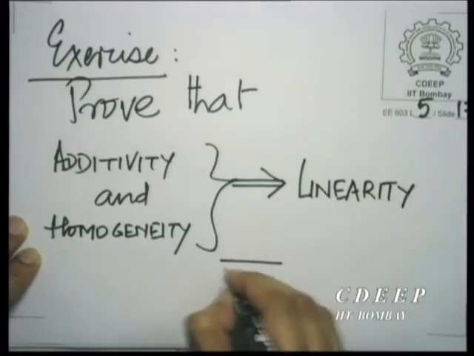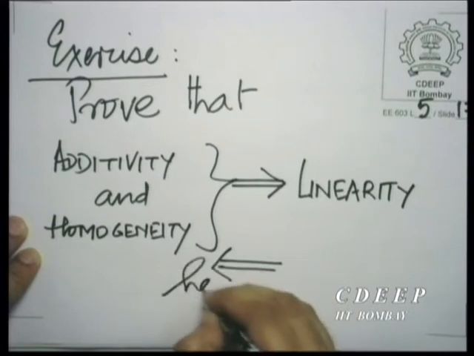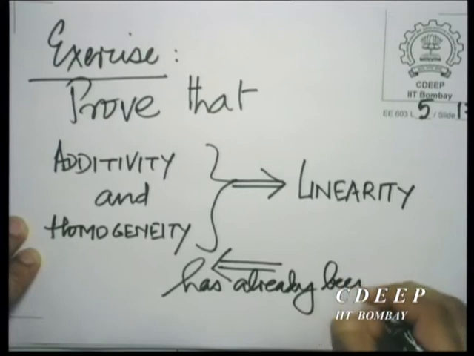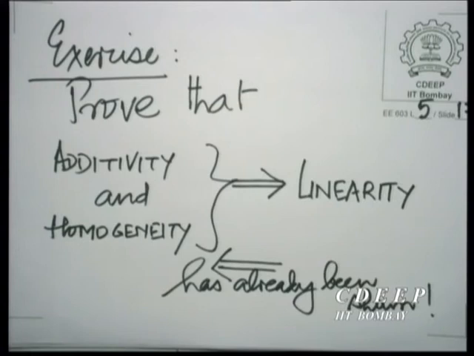In fact, it is both ways. This way has already been shown, because the very definition of additivity and homogeneity includes specific cases of linearity. So, if a system is linear, of course, you know that it obeys additivity and homogeneity because of the very definition. But the other way is what you need to prove, and I leave it to you as an exercise. So, if you are guaranteed a system is both additive and homogeneous, it is also linear, and I leave the proof to you.